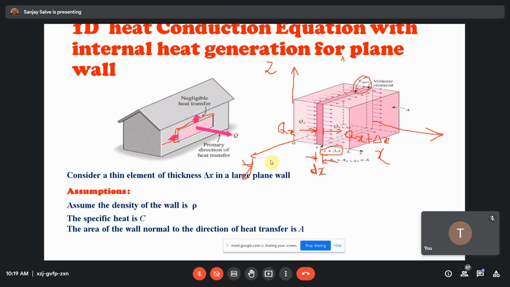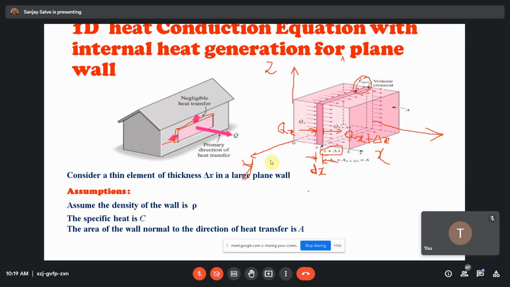Internal heat generation is given as E dash, or sometimes E dot, or sometimes E bar, sometimes small g. These are the standard notations used for internal heat generation. So here you can see E dot, that is E generation, and the volume of this element is this one, right?